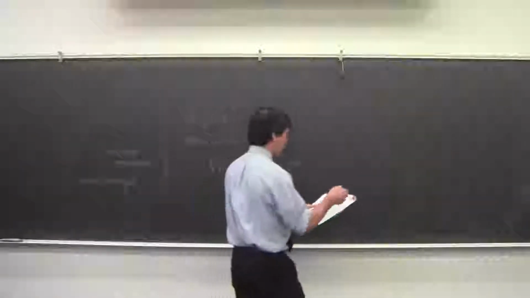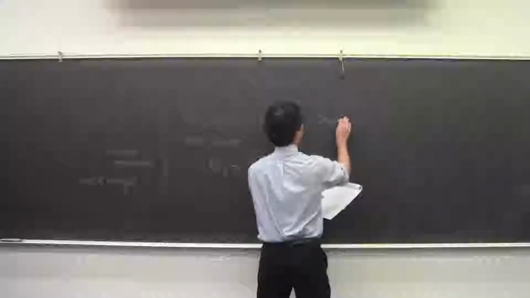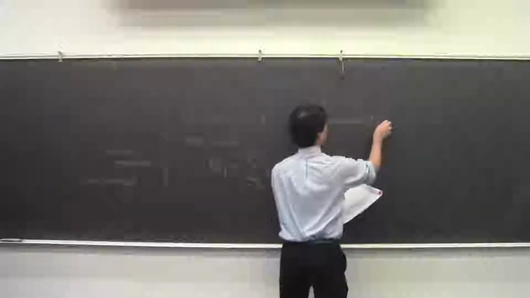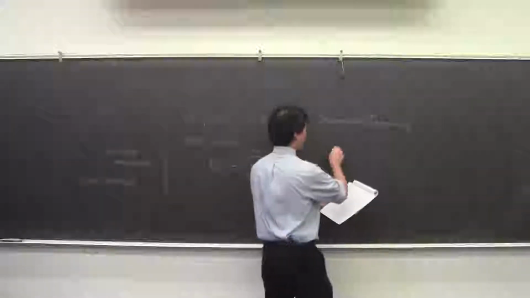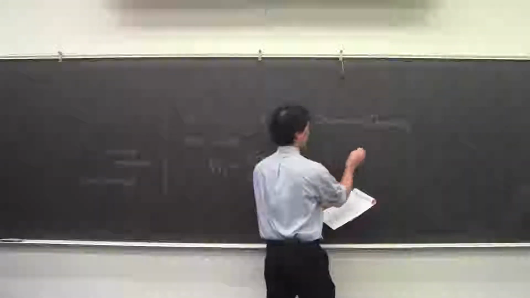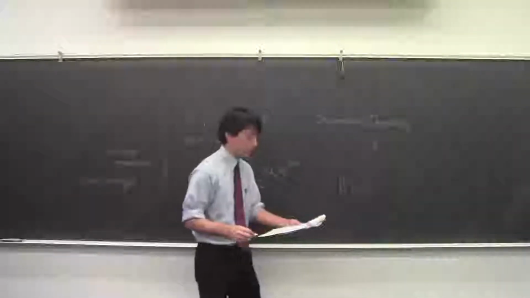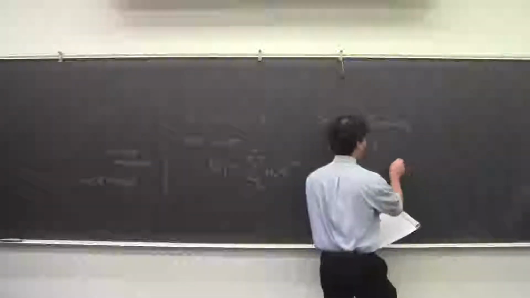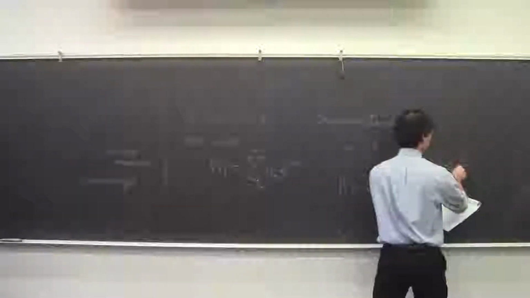There's a kind of cool application in the book that I want to use called the isoperimetric inequality, which says the following: if you have a curve gamma, and the length of the curve is L, and it encloses a region A, then the size of that area is controlled by the length squared over 4 pi.